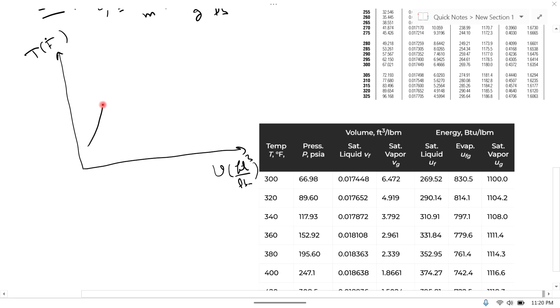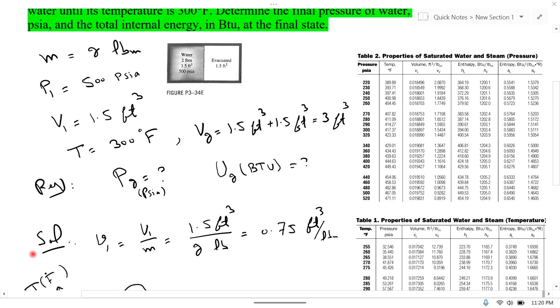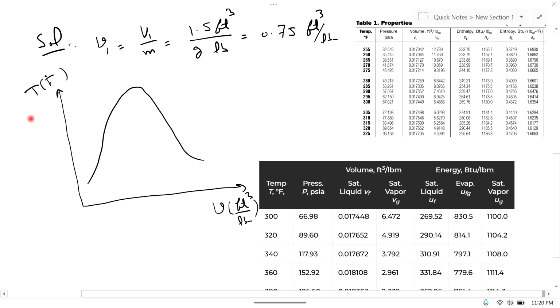This is the saturation curve. Initially the pressure is 500 psi. This is pressure P1, constant. This is the constant pressure line, P1 equal to 500 psia.